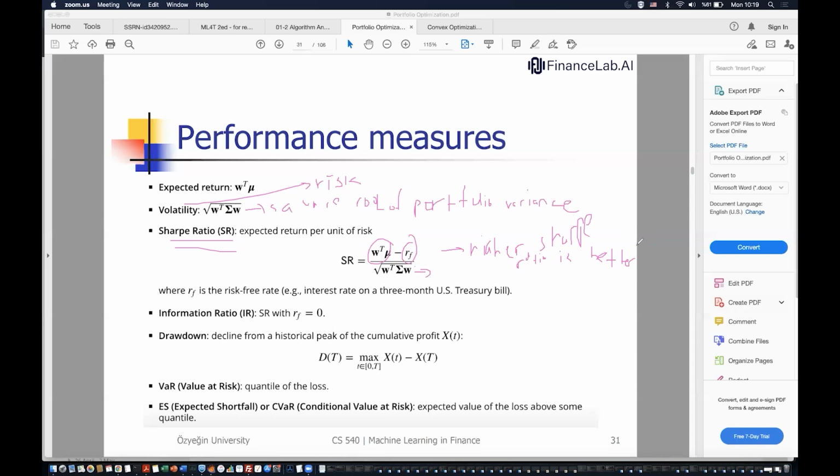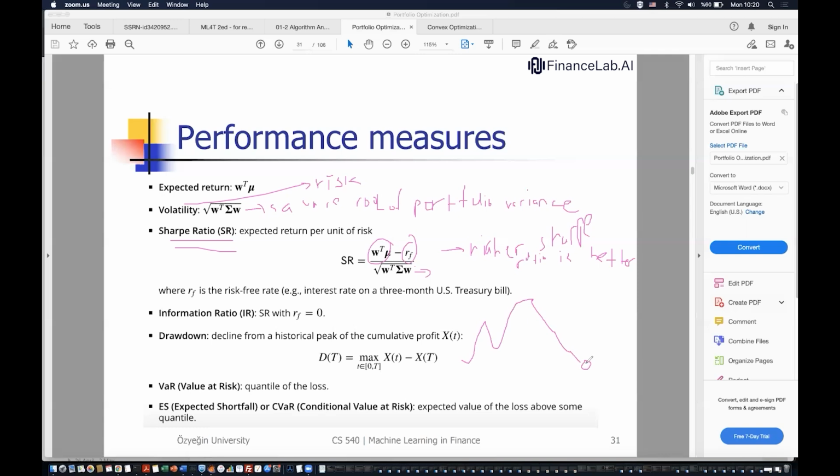And one thing is drawdown. Drawdown is a decline from a historical peak of the cumulative profit. So for a given time point T, it's the maximum decline given the historical peak at the previous time step. For instance, if we have a return like this, this is the profit that we are making, and this is the point.